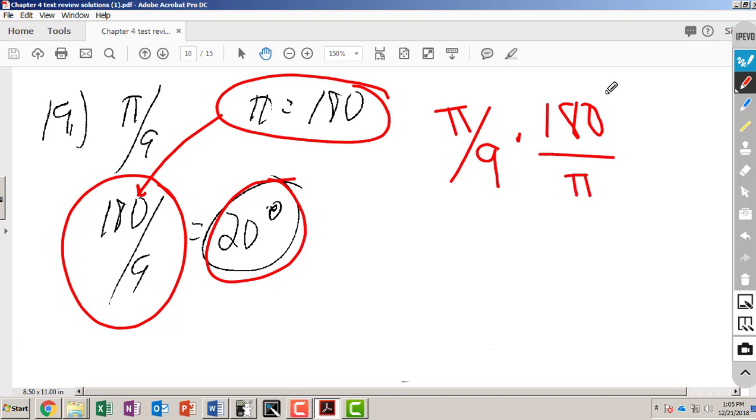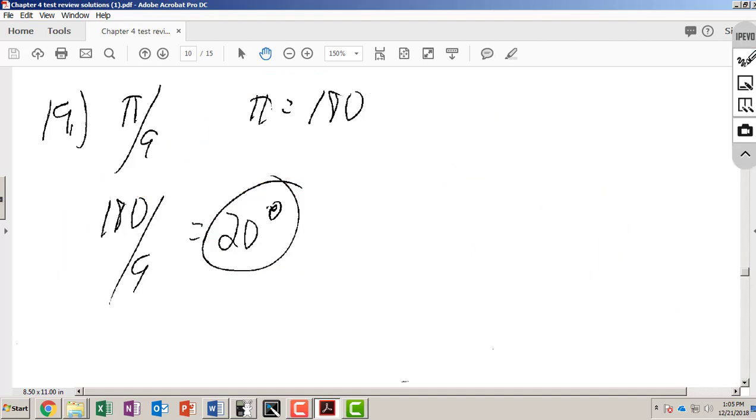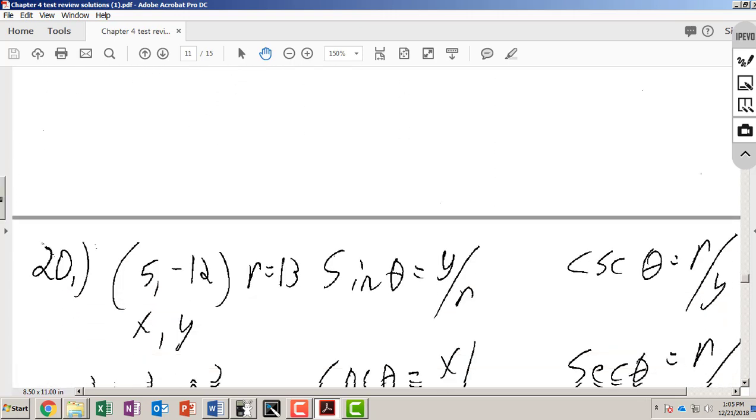All that's actually doing is just crossing it out. So those cross out, you get 180 divided by 9, and that answer is 20. So two ways to do it. If I can, I usually just use the equal thing, that pi equals 180, and I just substitute it in. Okay, number 20.